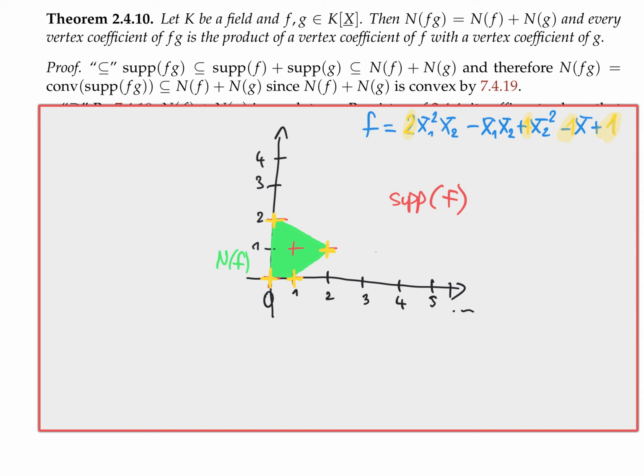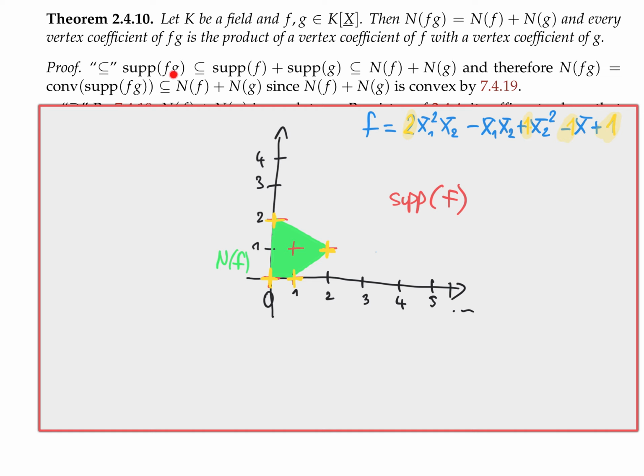The Newton polytope is the convex hull of a support. The Minkowski sum of two convex sets, we have seen, is convex. So this is a convex set, and I want to show that the convex hull of the support of fg is contained in it. Then it's of course enough to show that the support of fg is contained in it.